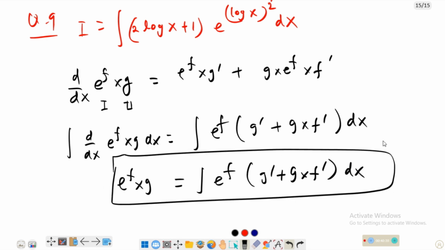So I use this identity. This holds for all f and g which are continuous in their domain.